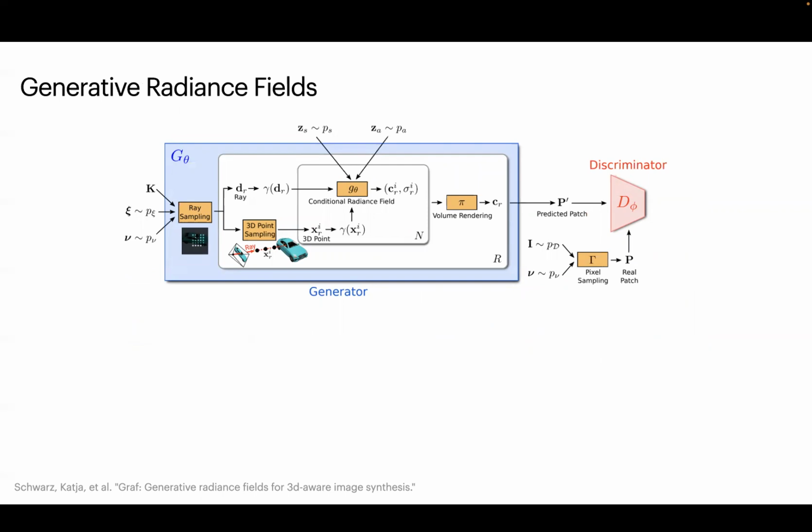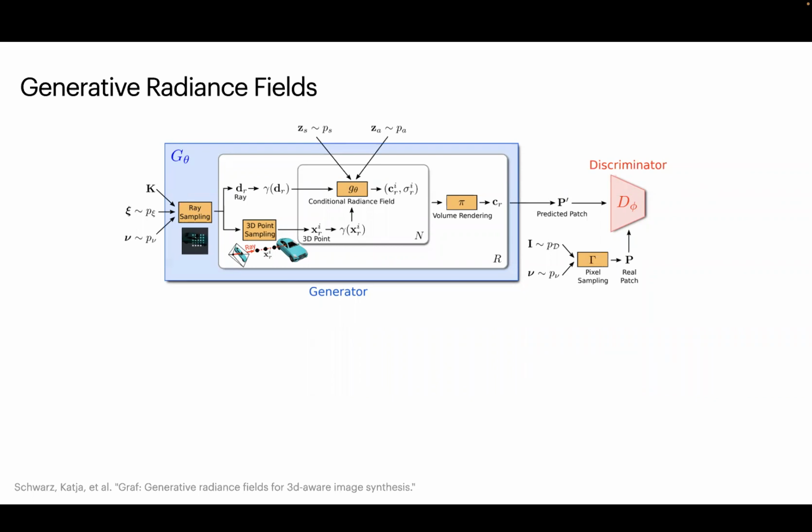At this part, as I previously showed, they do a resampling with a vector to represent the position of the camera and where the camera looks at. They give them a bunch of parameters like gamma, xi here, and put them into a conditional radiance field to generate color and density.